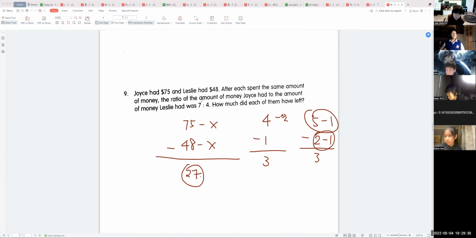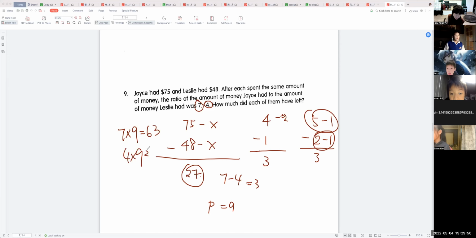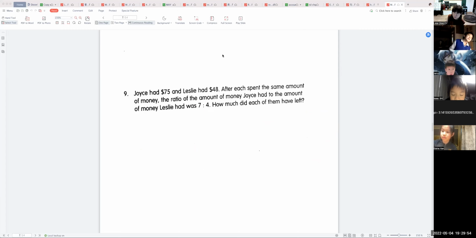So this 27 equals 7 minus 4, which is 3 portions. So each portion is 9. So how much money does Joyce have? 7 times 9 equals 63, and 4 times 9 equals 36. Very good. Much easier, right?